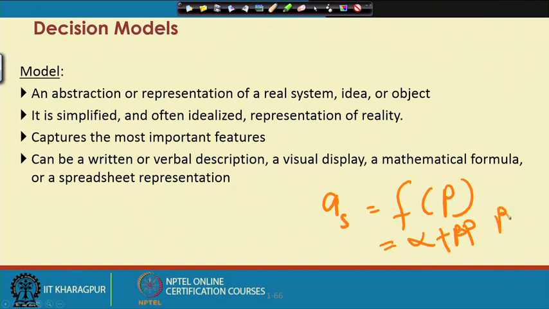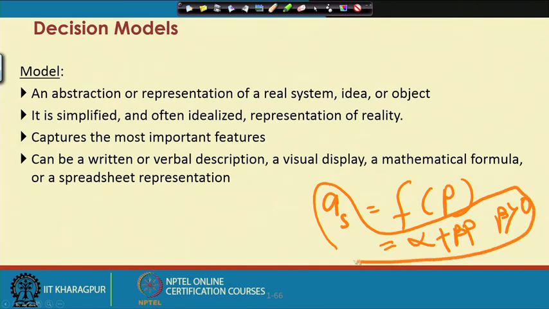Now, if you put beta greater than or equal to 0, then the entire model can be recognized as the law of supply, where the structure is: other things remaining constant, price decides the quantity supplied. Other things remaining constant means we are just putting p.